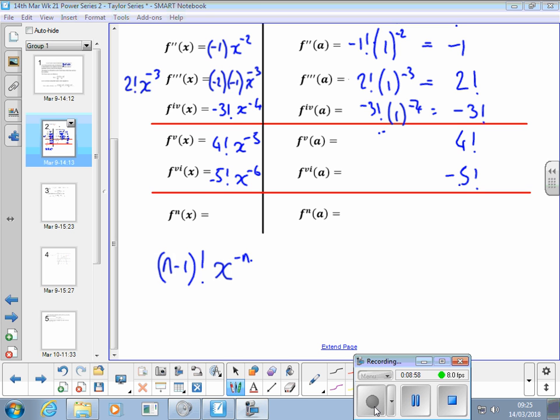This is the derivative, and we got minus 5 factorial. So we're looking at n minus 1 factorial to get the number bit. Again, we need to deal with the change of sign.